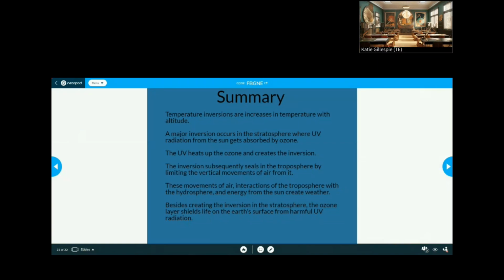The movement of air, interactions of the troposphere with the hydrosphere, energy. This creates weather. So what do you need to know there? You need to know that the hydrosphere and the atmosphere, particularly the layer called the troposphere, interact together. It's driven by solar radiation, and this creates our weather. You're going to see that a lot. If you look at the big picture of interior Earth, solar radiation had nothing to do with driving interior Earth.